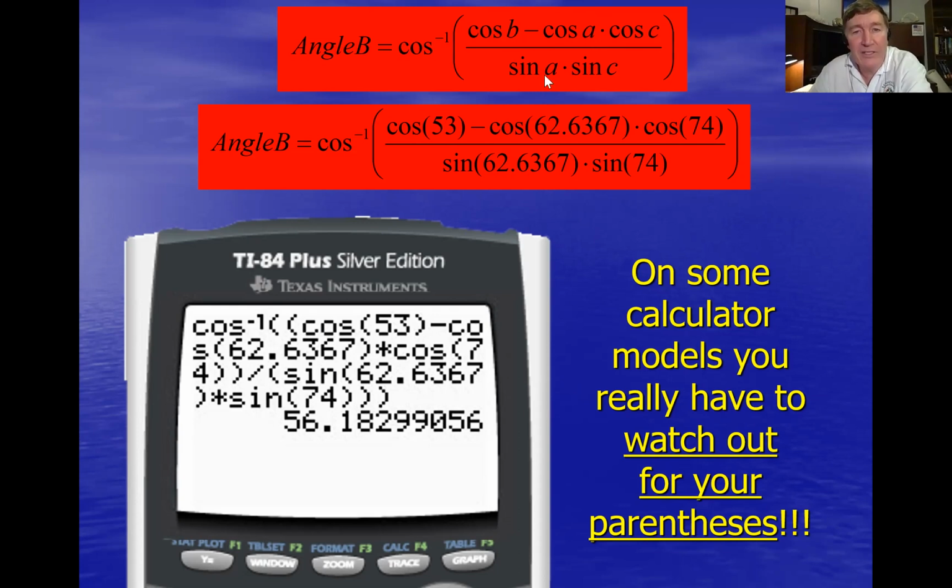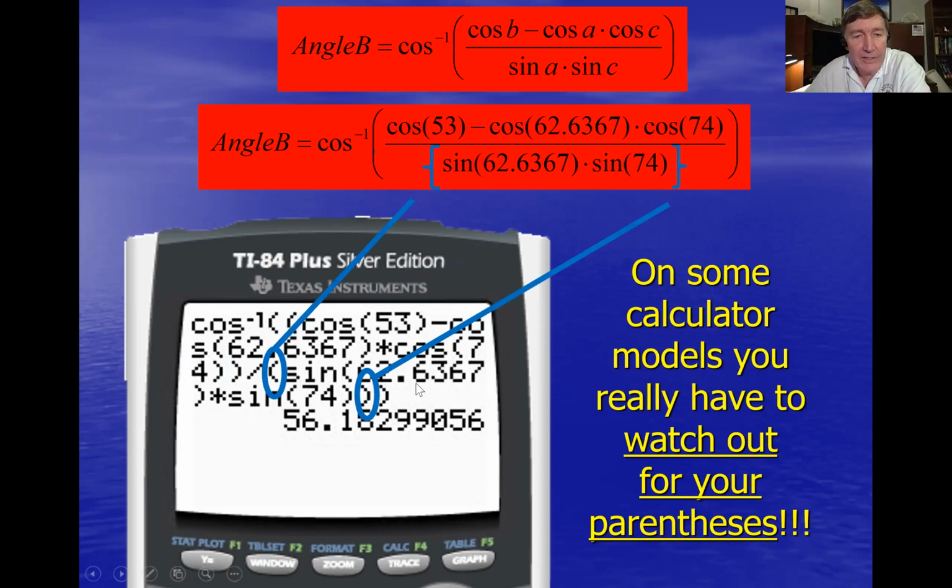Then we divide by the sine of little a times the sine of little c, and then we take the inverse cosine of it all. It's kind of messy looking, but if we type this into the calculator, 56 is the number that comes out. That tells us the angle to get to the star.